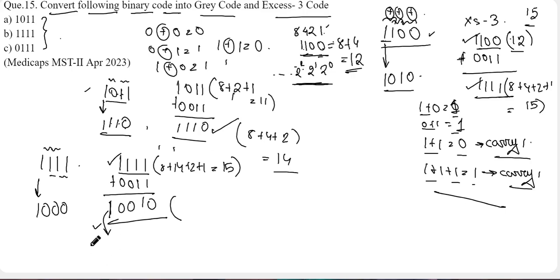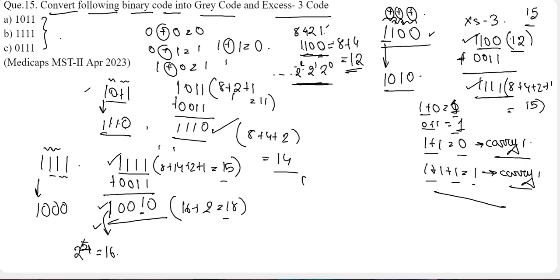Here this is the 5th bit, so it has a positional power of 2 to the power 4, which will be equal to 16. So we are getting 16 plus 2, which will be equal to 18. So yeah, 15 plus 3 is 18, so our result is correct.